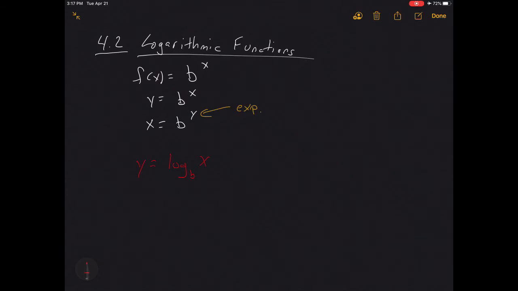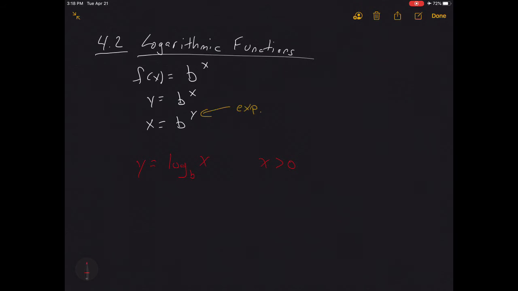Okay, so a couple of things here. When you do this, x must be greater than 0. You cannot take the log of 0. You cannot take the log of a negative number. And hopefully I will explain that to you in a way that you'll understand why that is the case. And it's going to relate back to the exponential function that we started with.